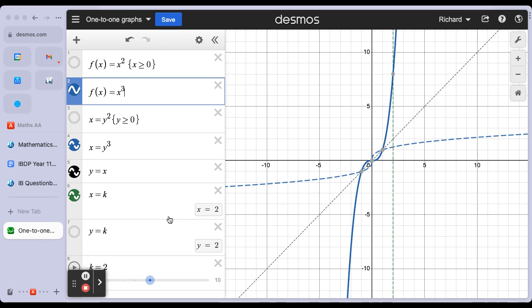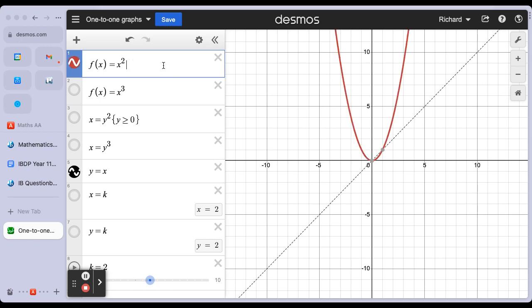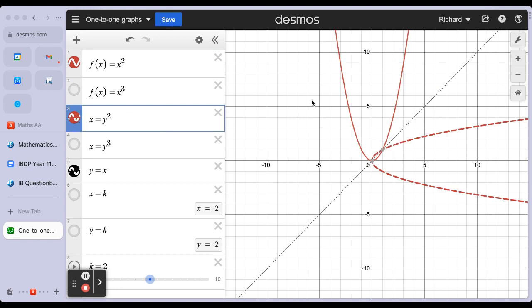So it makes sure that the inverse is a function as well. If it fails the horizontal line test in the original graph, then when you flip it, it would be a relation and not a function.